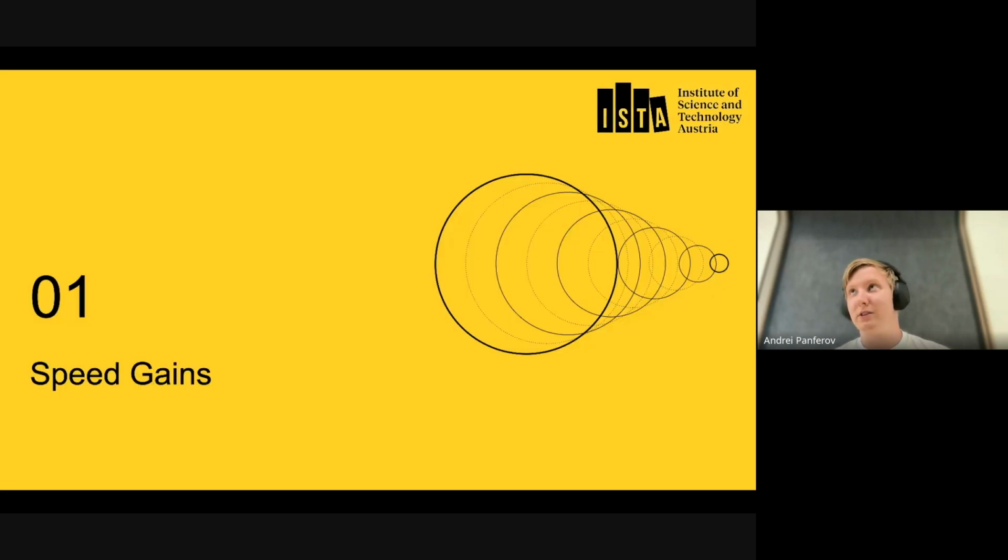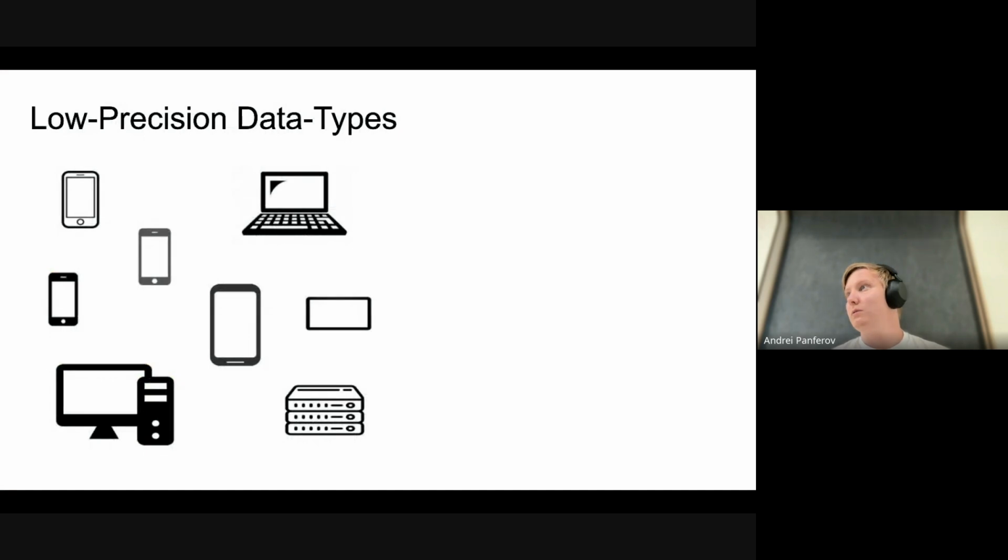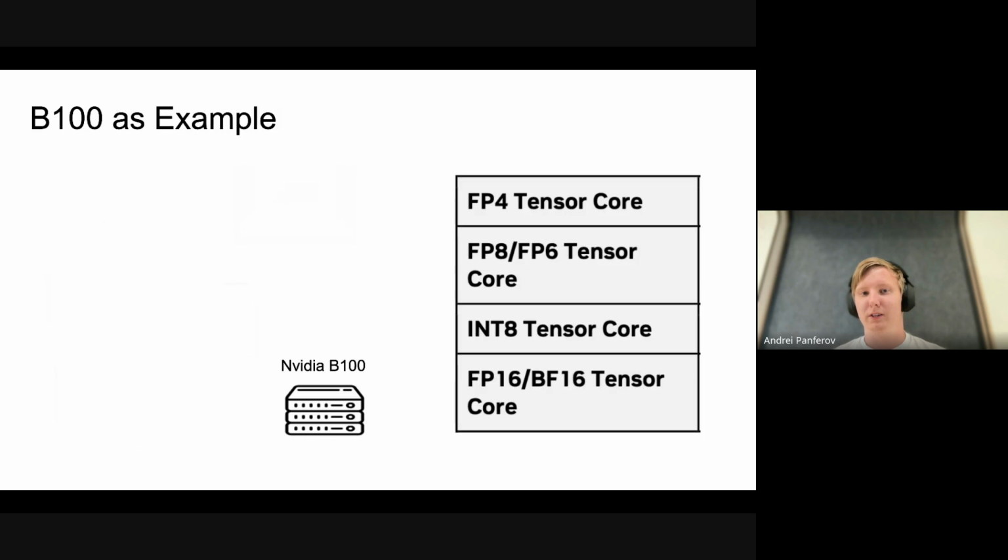Let's start with understanding why low precision training is useful at all. We do low precision to achieve speedups from the various data types that are available on modern accelerators. More specifically, modern accelerators usually treat BF16, FP16, and similar formats with 16 bits per parameter as the standard precision.